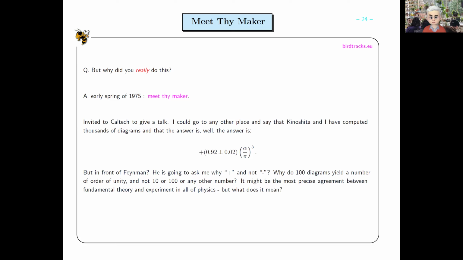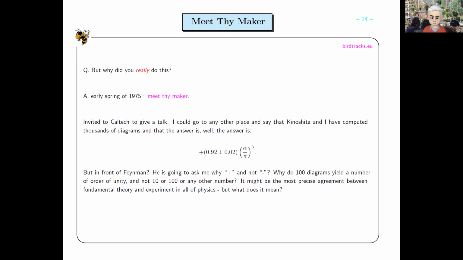But I had to do this in front of Feynman. I don't have much respect for most men. I was raised by a single mother, so I don't have any respect. But for Feynman, I did have respect because I knew what was going to happen. He will ask me, okay, why is this sign plus and not minus?